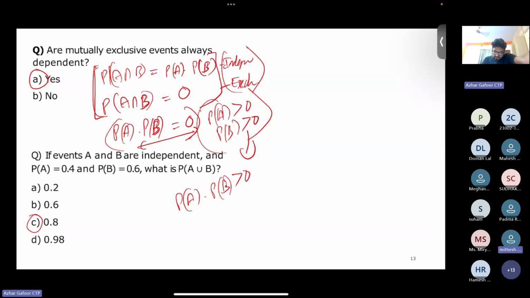This contradicts the mathematical condition for independence, so this is not correct. Mathematically we can also show that the events are mutually dependent.